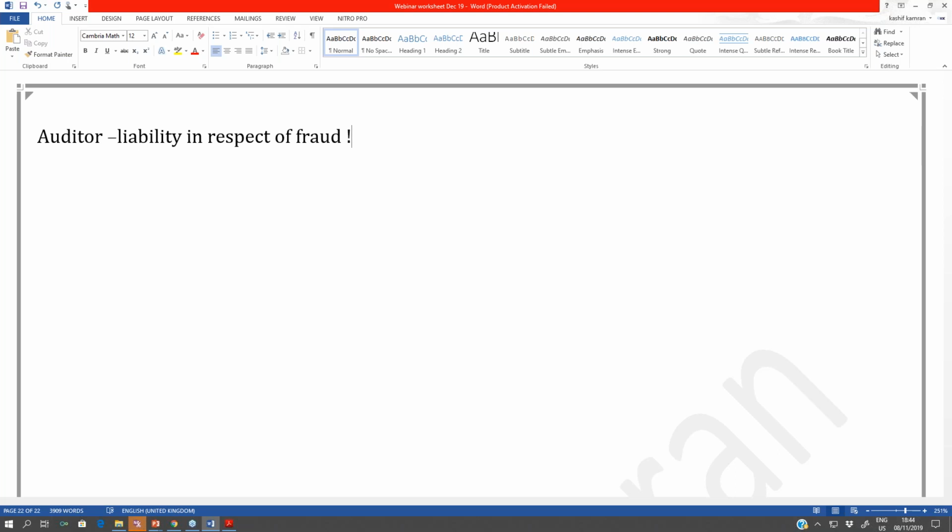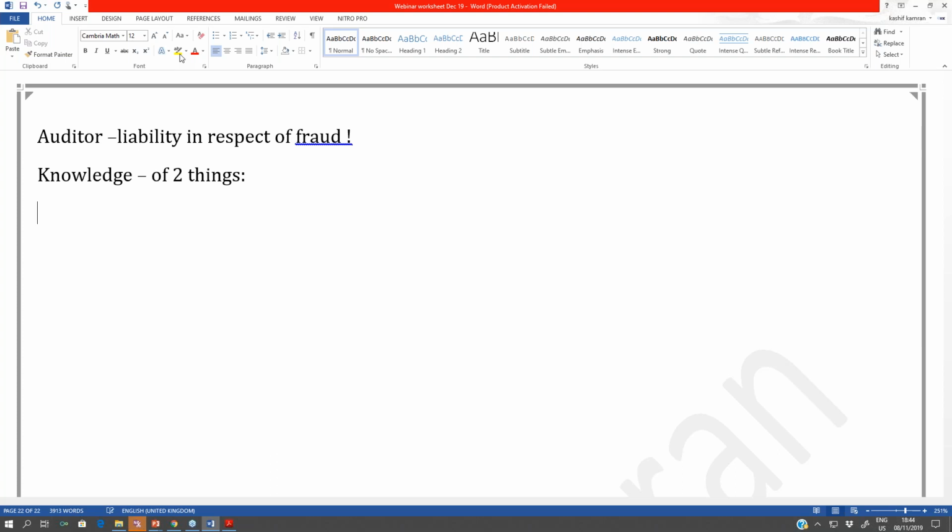You need not just know the liability article, but you should also know the auditor responsibility for fraud. Is it the responsibility of an auditor to detect fraud? Is it the responsibility of the auditor to prevent fraud? Because you need to have the knowledge of 2 things here, right? I hope you're getting my point.